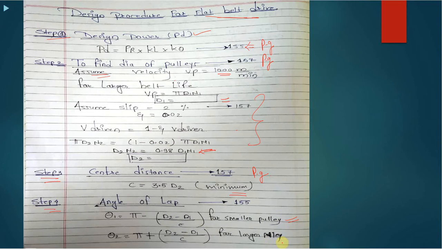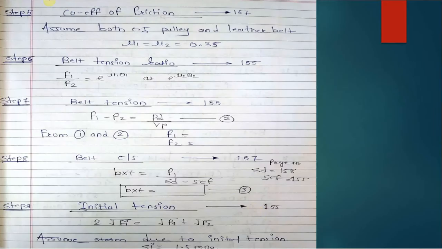Don't remember it, go to the BD Shiwalkar data book and just note down. Now step number 5, coefficient of friction, page number 157. Assume both CI pulleys and leather belt. Mu1 and mu2 value is 0.35. If material is changed, then mu1 and mu2 value is also changed. Now here the CI pulleys and leather belt, so we use mu1 and mu2 0.35.